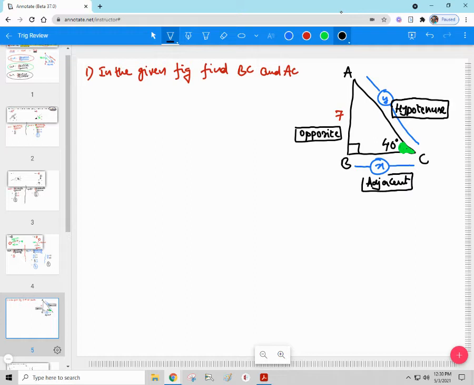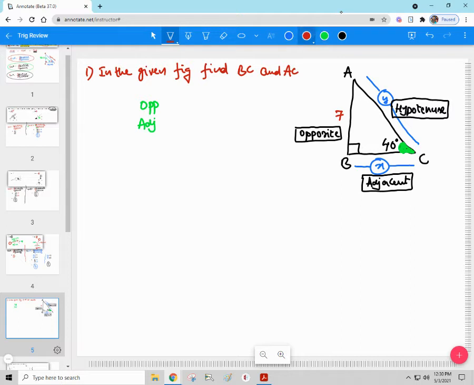Once you identify, let's say that you are planning to figure out what x is. Now we know the opposite side, and we are trying to figure out the adjacent.